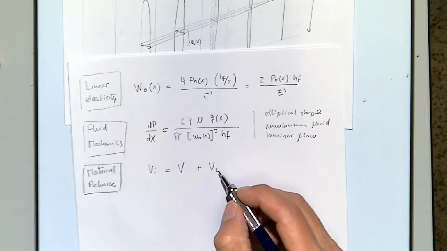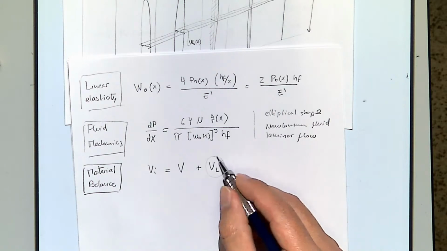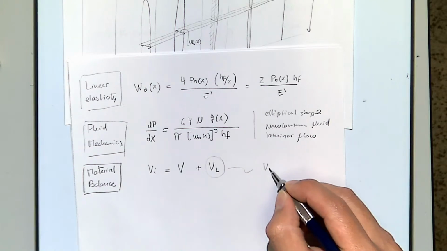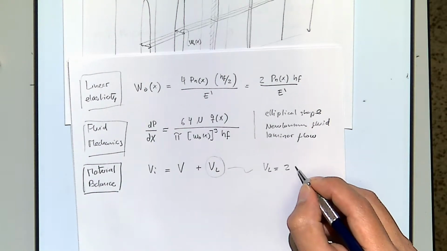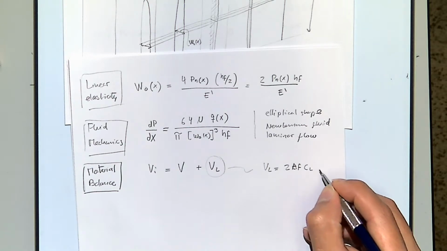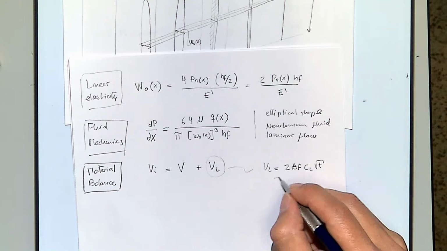And this volume that leaks off, you can approximate it by some equations. For example, there is a famous one which is called the Carter equation, where, if I remember well, VL is 2 times the area of the fracture times the Carter coefficient times the square root of time, something like that.